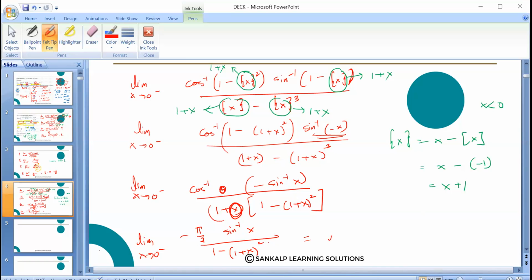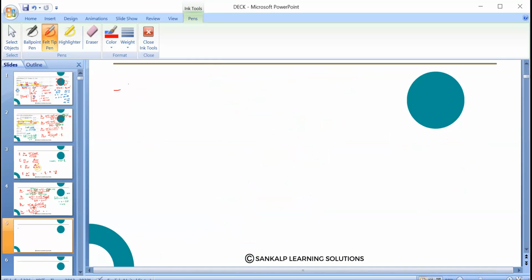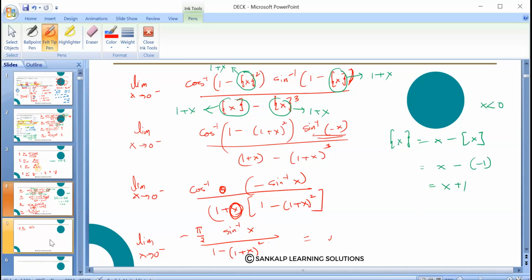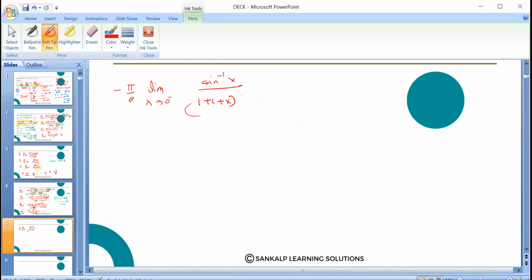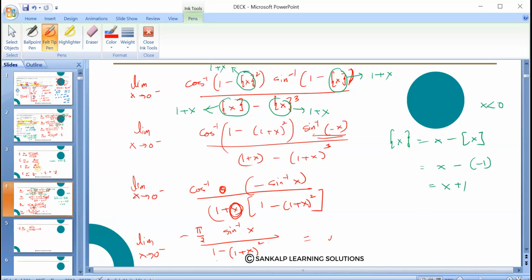Now this I will write in the next page. Minus pi by 2 limit x approaches 0 minus sine inverse x by 1 plus 1 plus x into 1 minus 1 plus x. Because I am using a square minus b square, a plus b into a minus b.